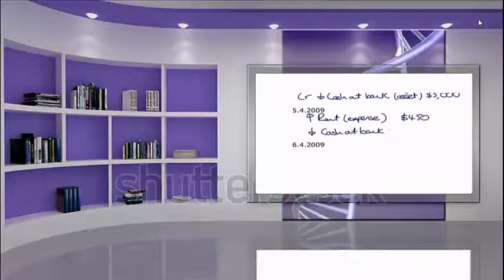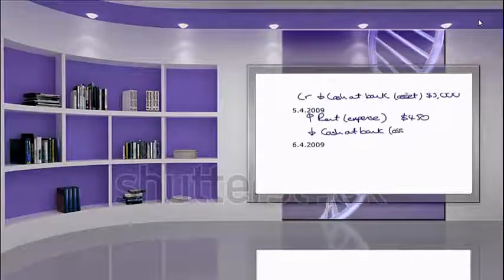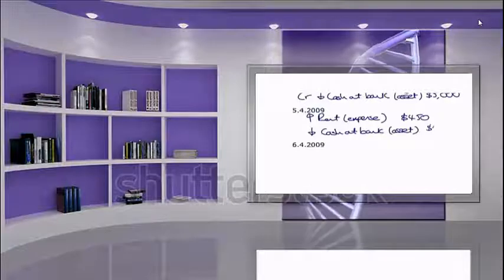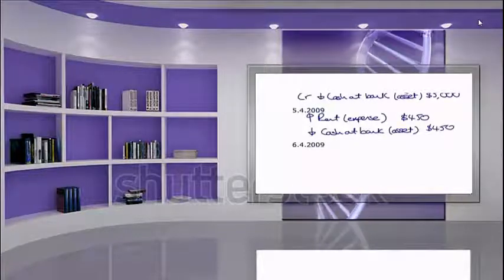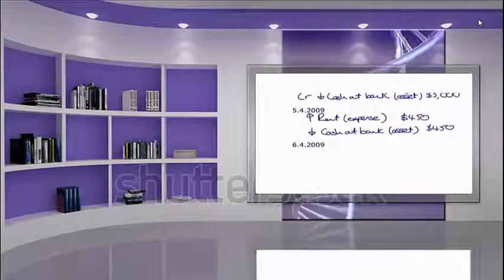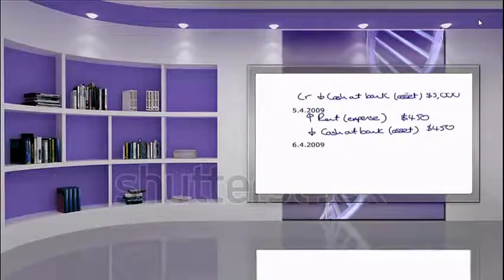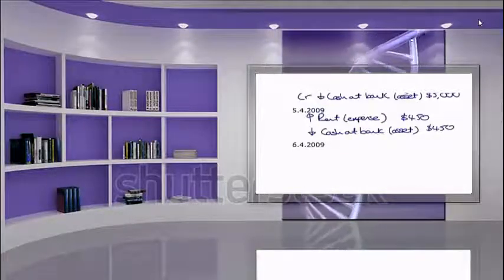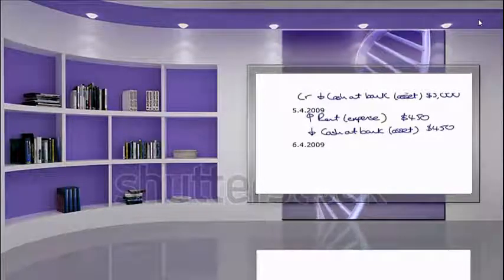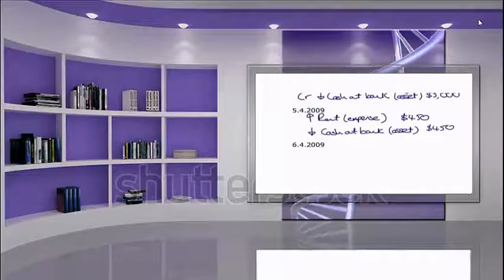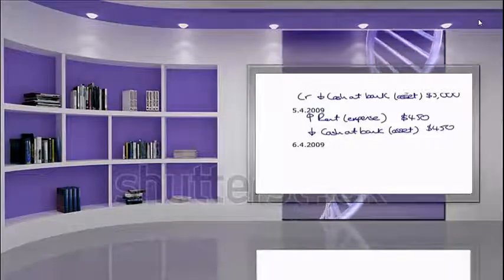So decreasing your asset of that cash at bank. Okay, so dual effect settled again. You're paying for an expense in cash, increase the expense, decrease the cash asset. Dual effect then, increasing rent expense.